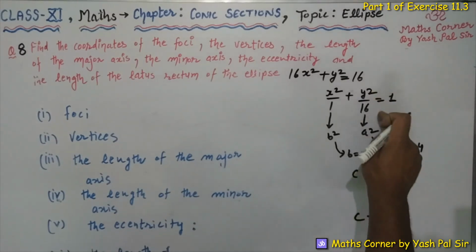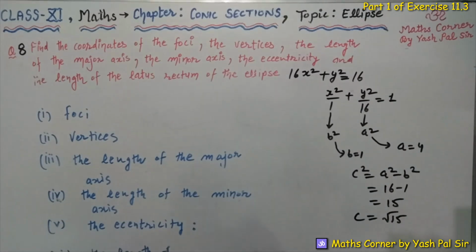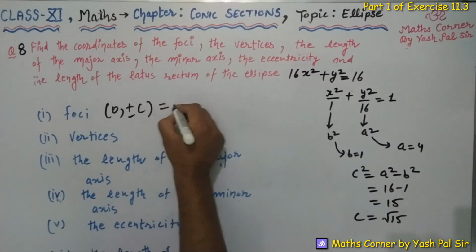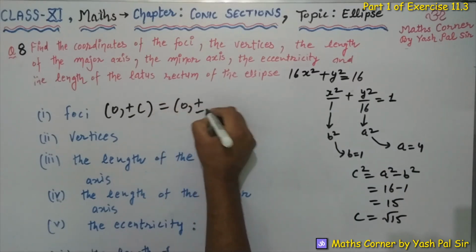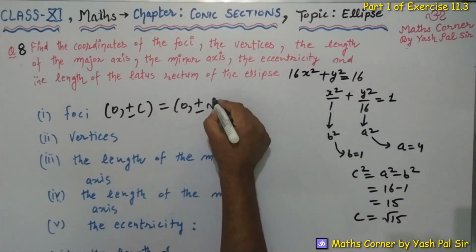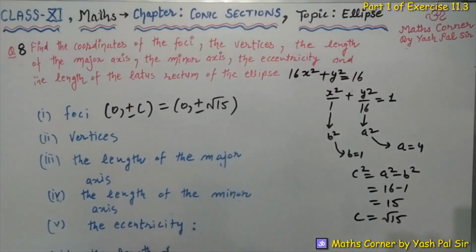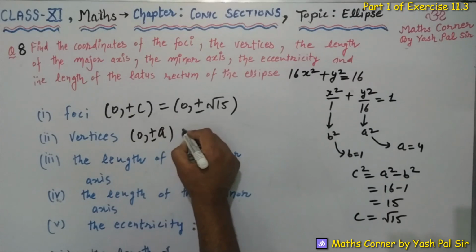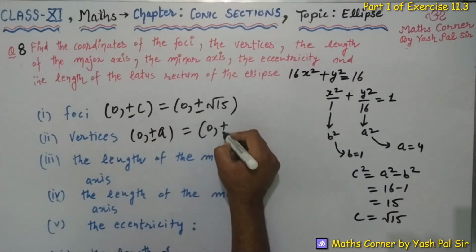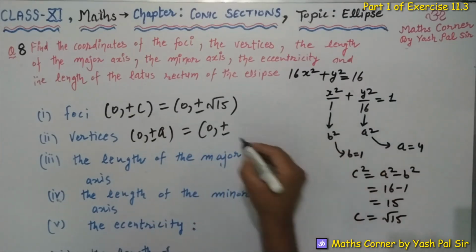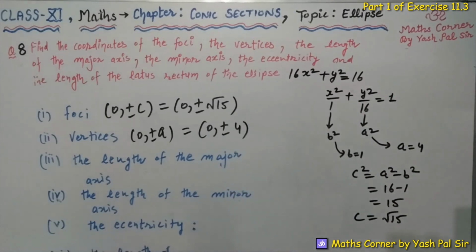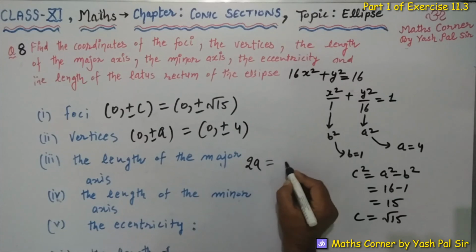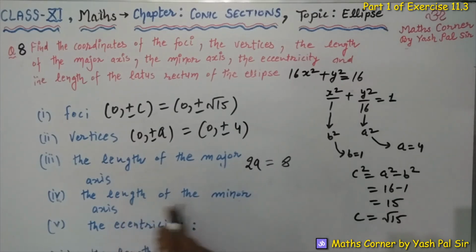Now what are the foci? It is the y square upon a square form. So we have 0 comma plus minus c, that is 0 comma plus minus square root 15. Vertex is 0 comma plus minus a, that is 0 comma plus minus 4. Length of major axis is 2a equal to 8.